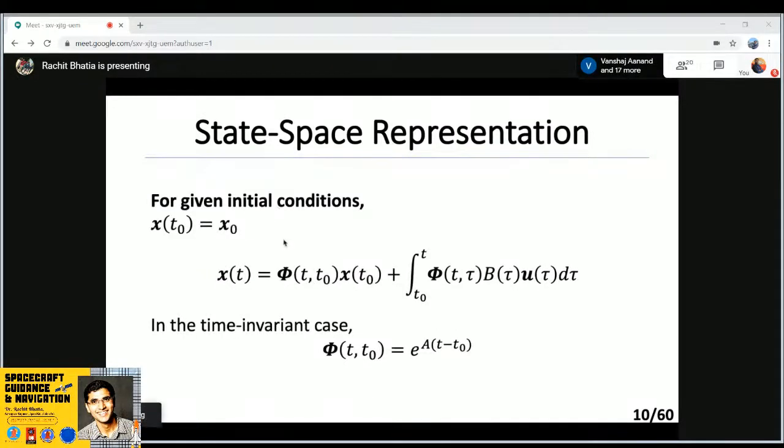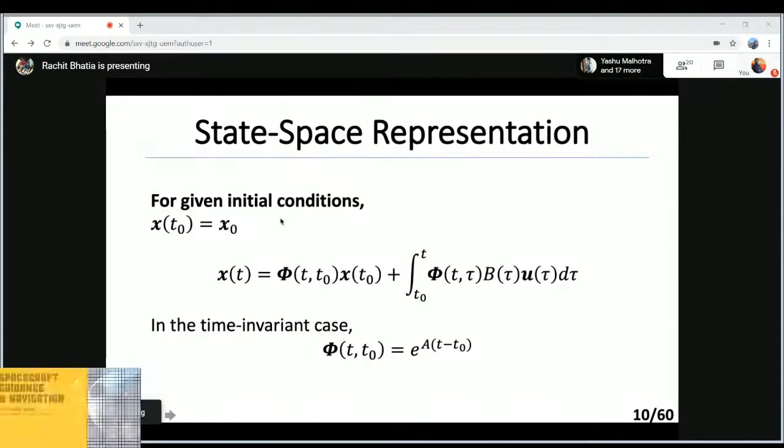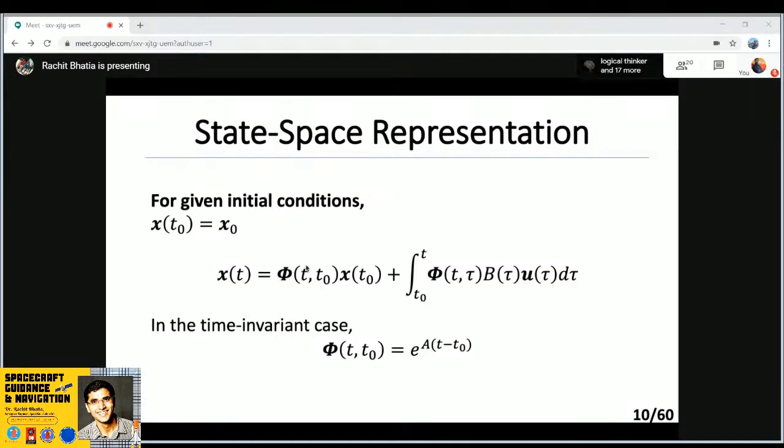So as I was telling you, if you have a given initial condition, then you can solve that previous differential equation that I showed you, x dot equals Ax plus Bu, and you can get this solution. And here the first term is the zero input response, and the second term is the zero state response.